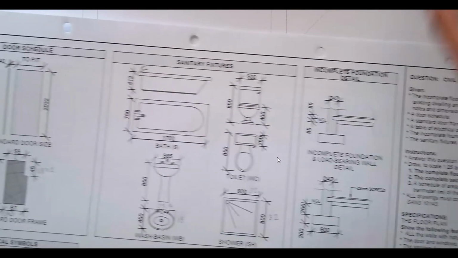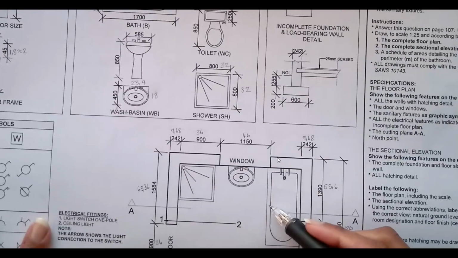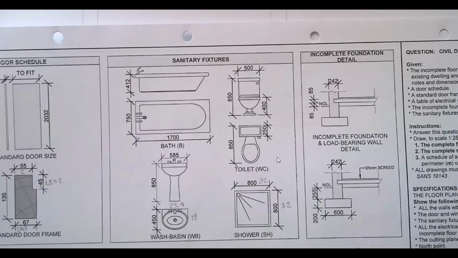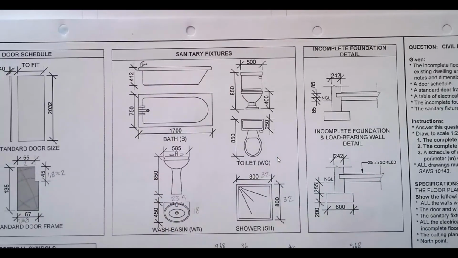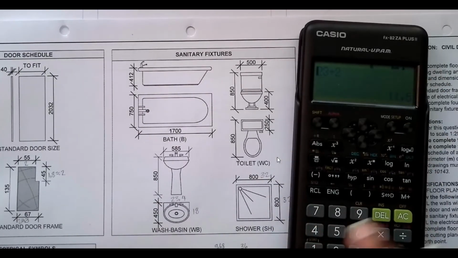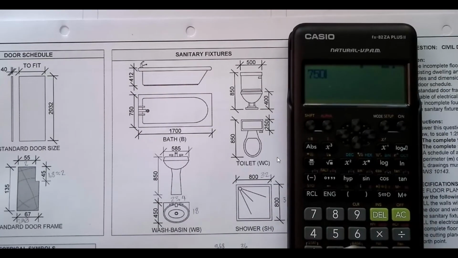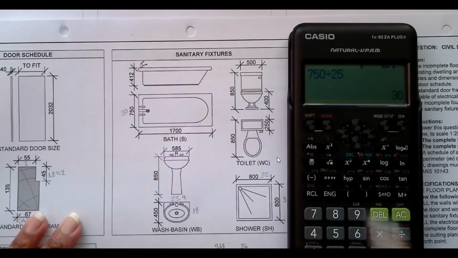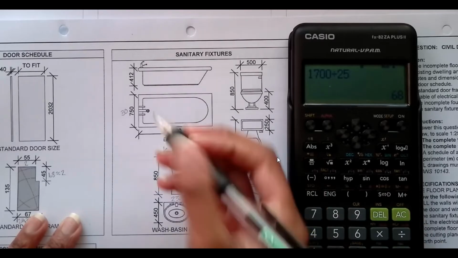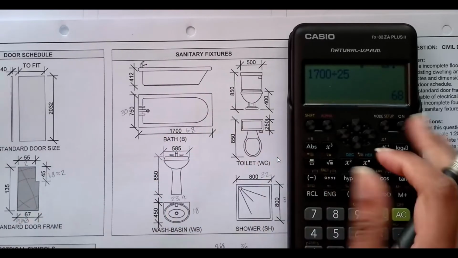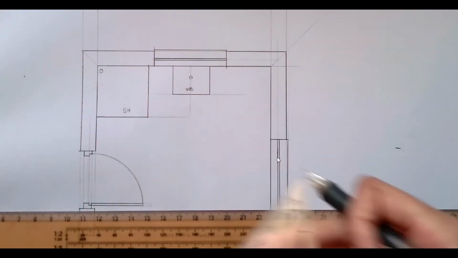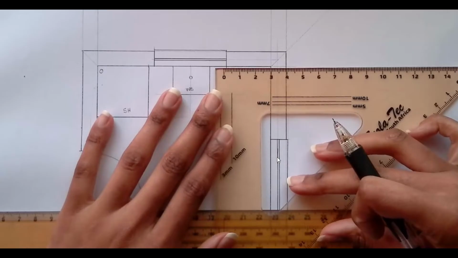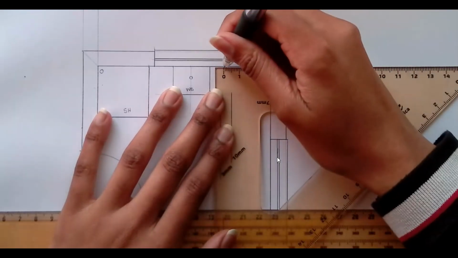And that bathtub that's in the corner going all the way down. And you can see that the size is 750 by 1700. So it is 30 by 68. So here in the corner, you will measure 30.